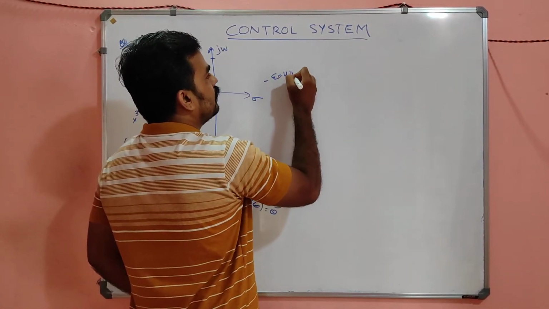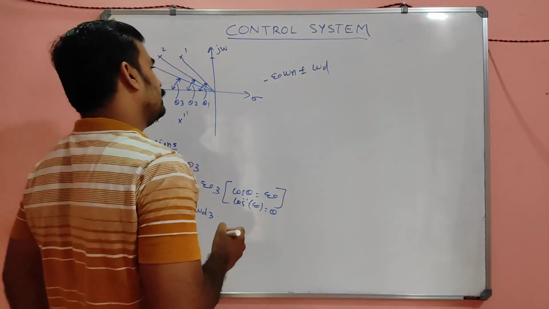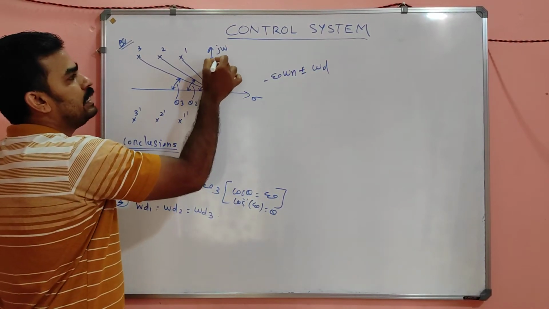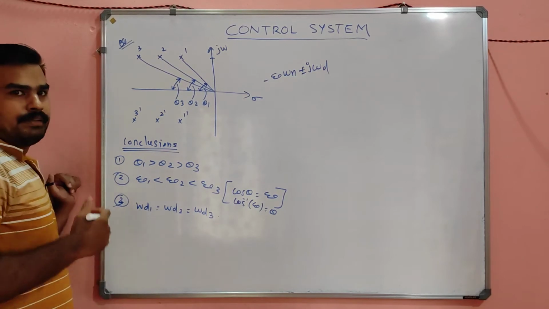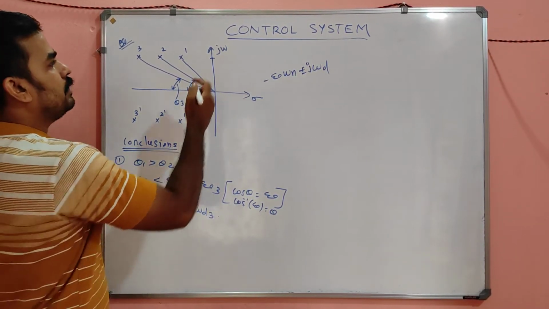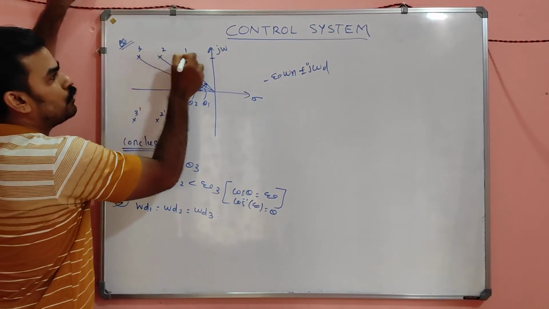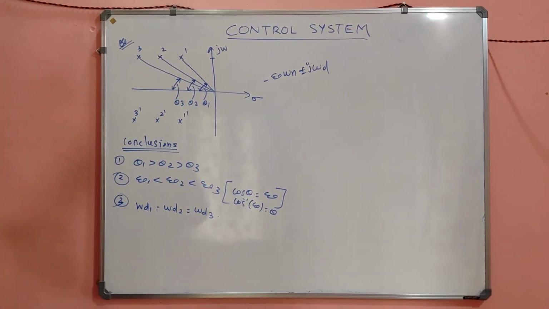Minus zeta omega n plus or minus omega d. Correct, na? This omega d is the imaginary part, plus j omega d for an underdamped system, minus j omega d for the conjugate. So omega d will be the same for each pole. So you can write omega d1 equal to omega d2 equal to omega d3. Okay? Is it clear, my dear?